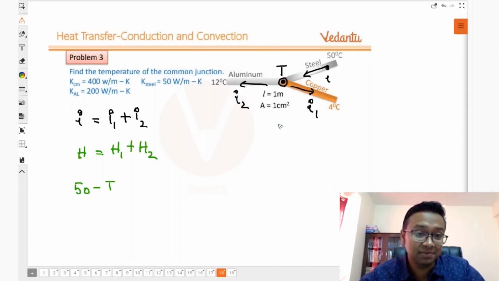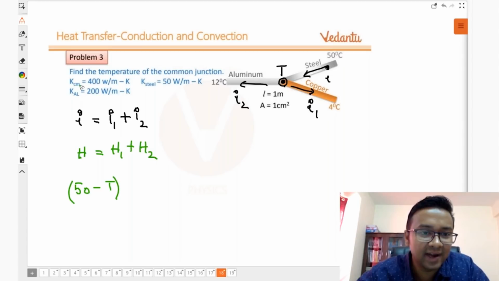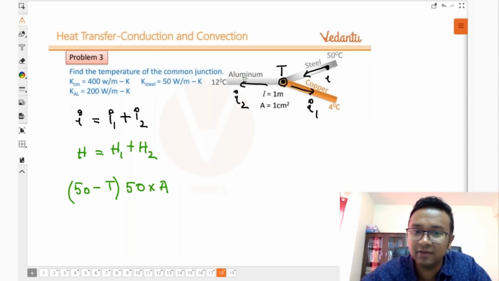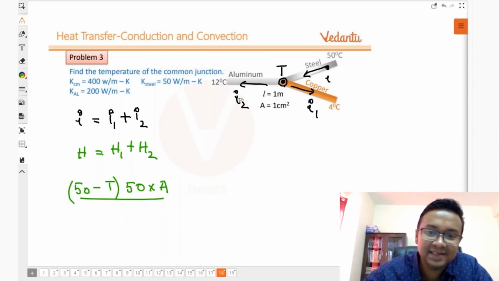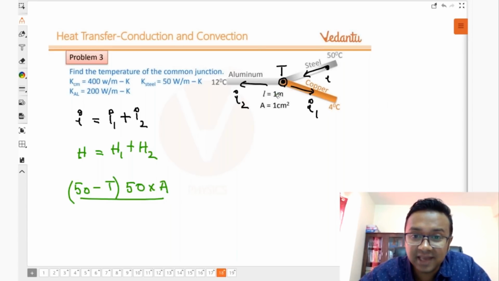This was a JEE based problem actually. So 50 minus T into whatever its conductivity is. This is the steel rod, so 50, into its area of cross section. Now the area of cross section for all the rods is the same, divided by its length. I'm assuming that all of them have the same length.